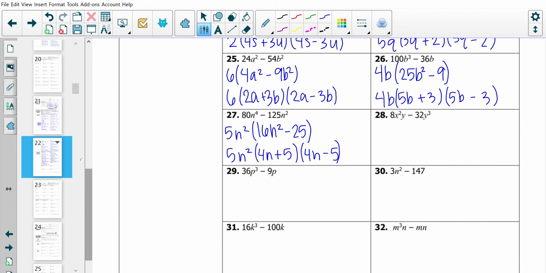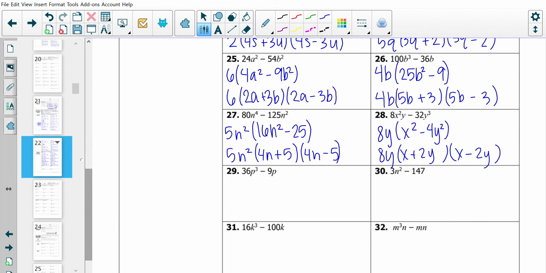All right, you can take 8y out, and you'd be left with x squared minus 4y squared. When I break this up, I end up with x plus 2y, x minus 2y. Okay.